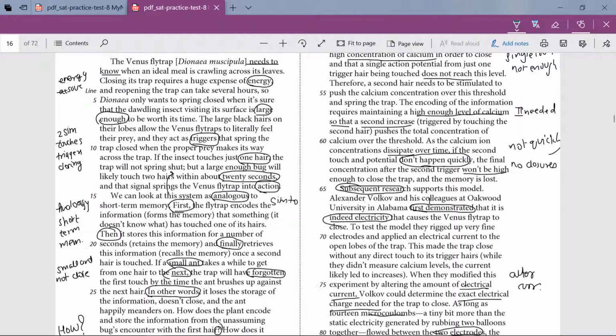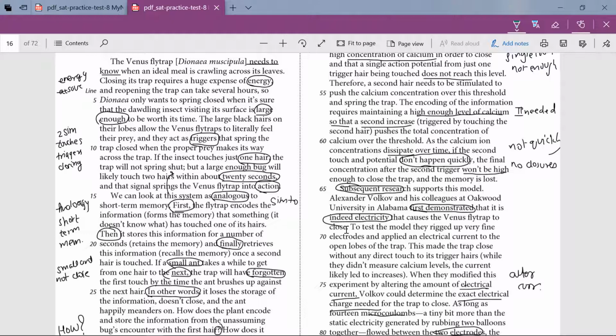Alexander Volkov and his colleagues at this university first demonstrated that it is indeed electricity that causes the Venus flytrap to close. First demonstrated, that sounds like some kind of conclusive example they have given, and they first demonstrated that it is indeed electricity.